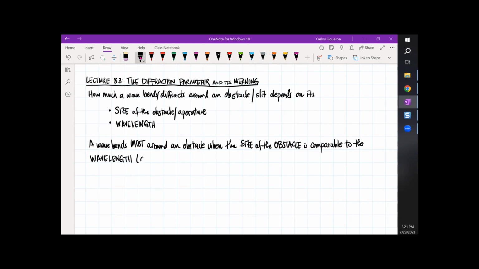In other words, A, the size of the obstacle, has to be somewhat comparable to the wavelength.